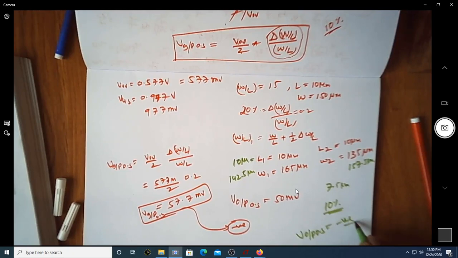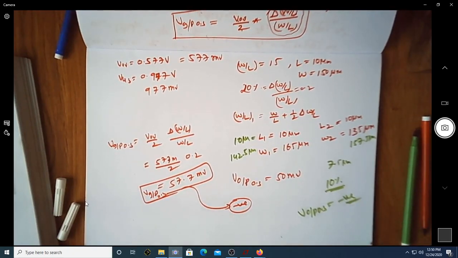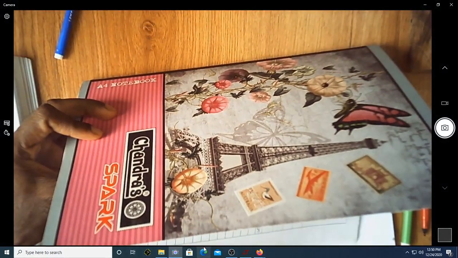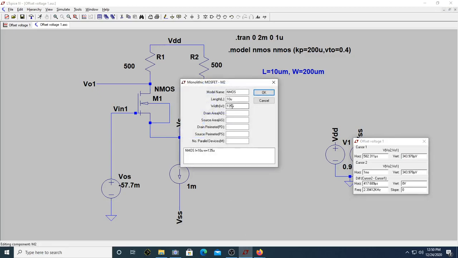which is now negative. So let us find out how much is the offset voltage. Let me go to the simulation and make these dimensions. This is supposed to be 157.5 micro, which is already there.